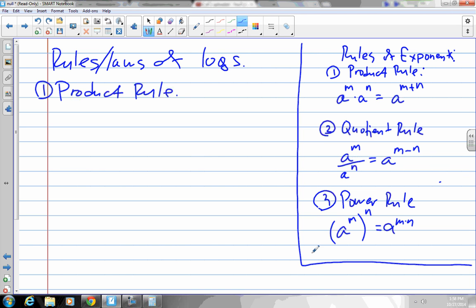We add exponents. So we're going to be adding logarithms if we multiply. So the equivalent of that rule would be if you have a log of a product, that becomes a sum of logs. Logs are exponents. We add exponents when we multiply.